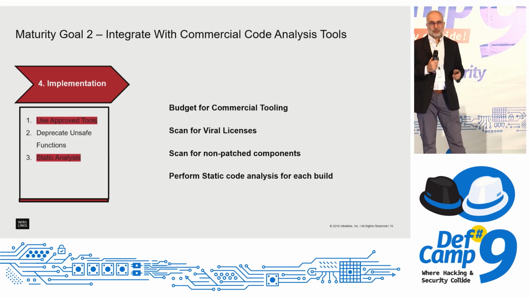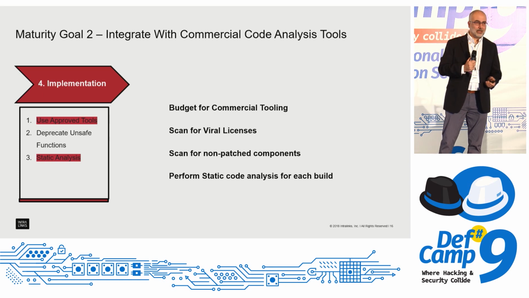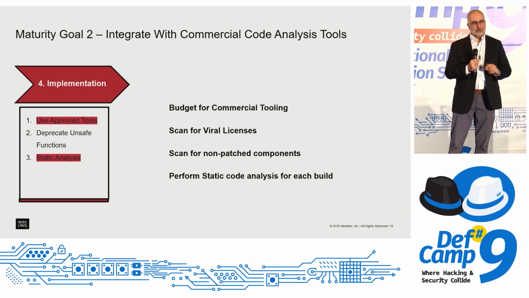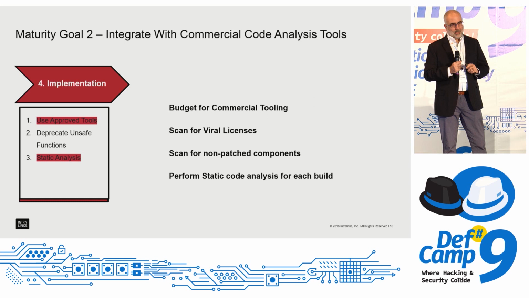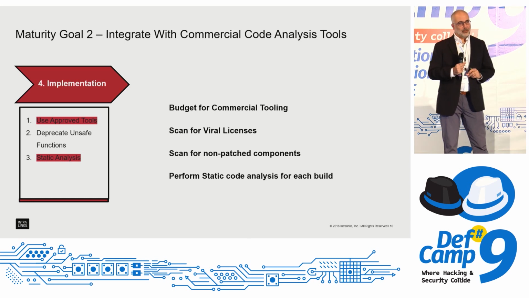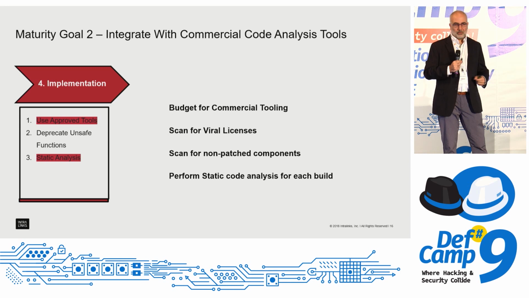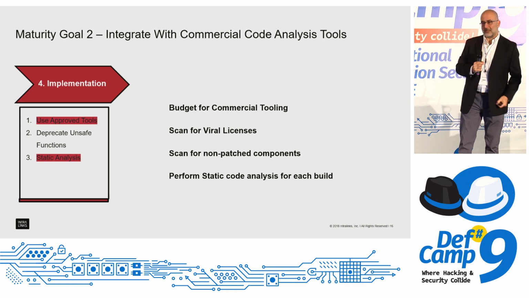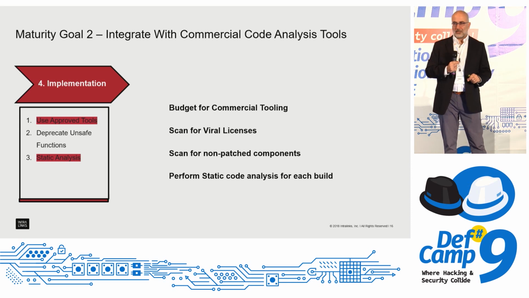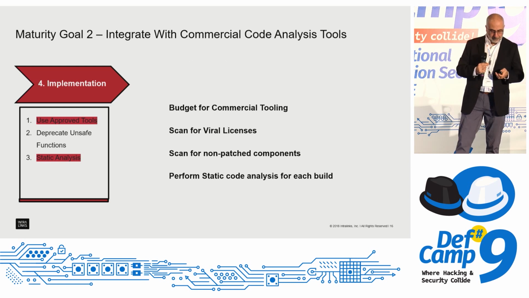Now you want to do it for each build, because especially where the technology has shifted dramatically with microservices and all of these different teams collaborating, it's very important to catch issues very, very early. And I'll talk about it a little later, when you want to break the build as fast as possible if there is any major security issue in it.